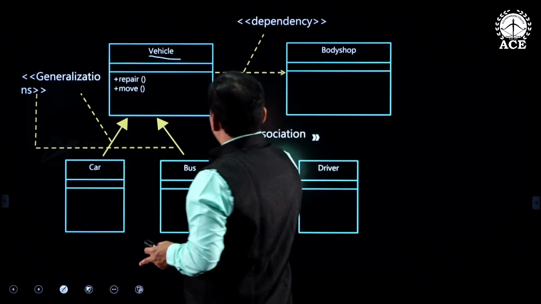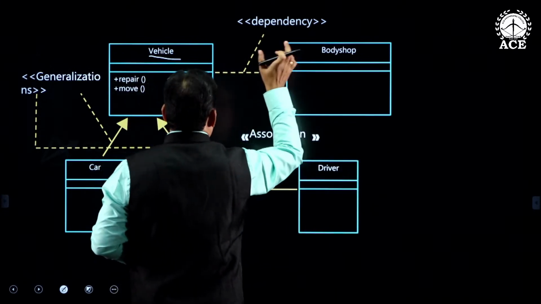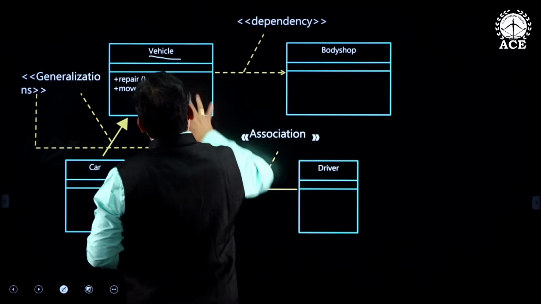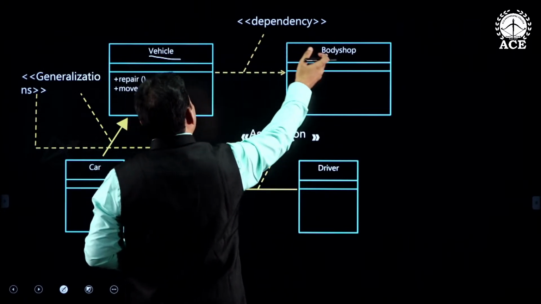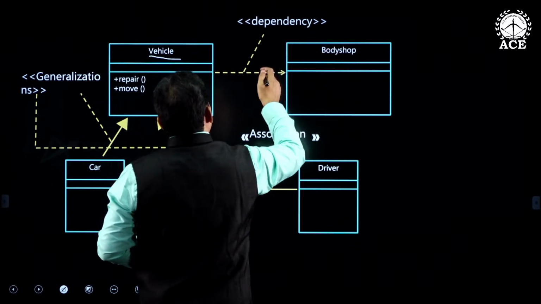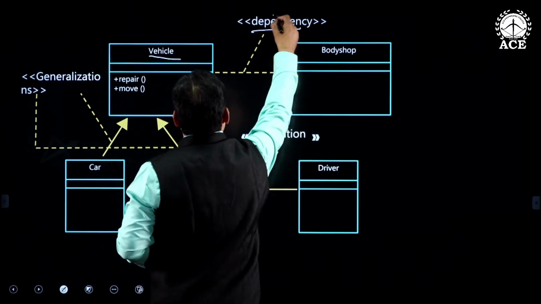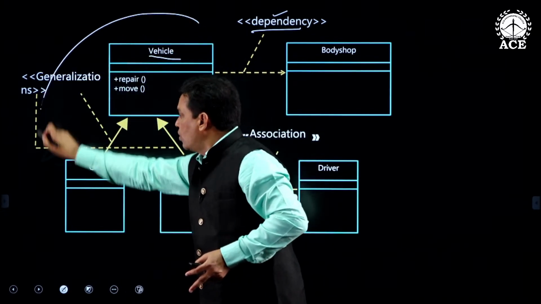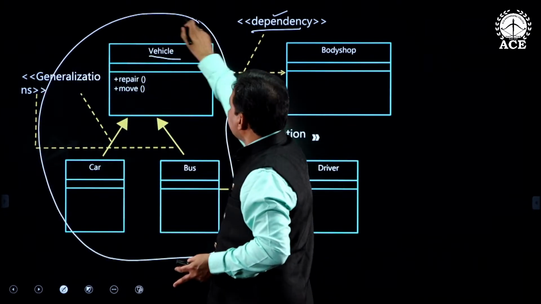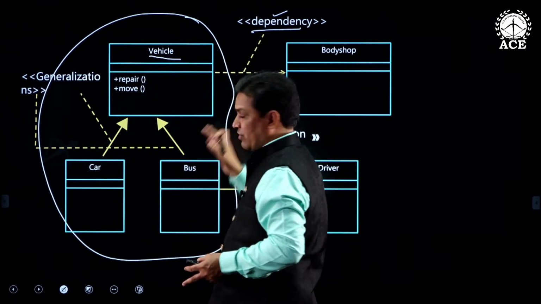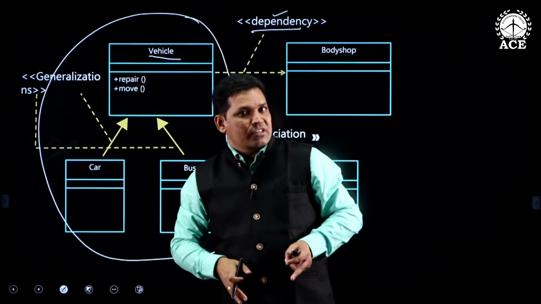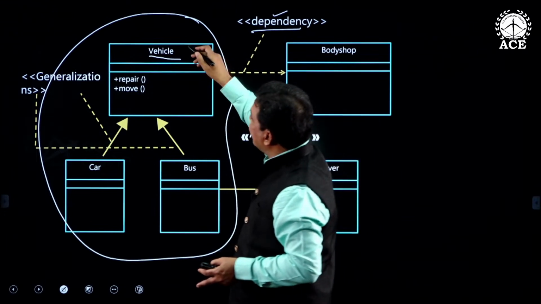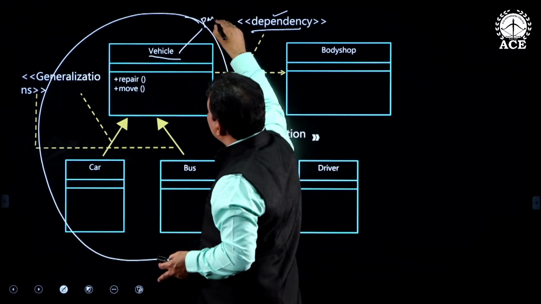Just observe these two classes, vehicle class and body shop class. What is the relationship here? Dependency. Vehicle is depending on this particular body shop class. That's why a dependency relationship was used between these two classes. Now observe these three classes: vehicle, car, and bus. Which class is the parent class, which is the child class?